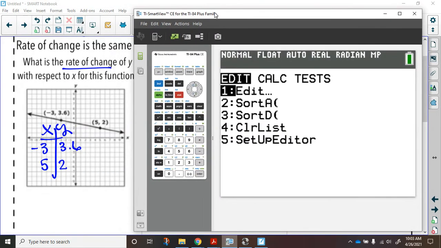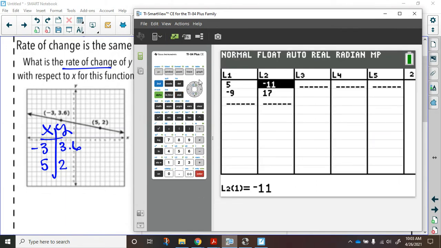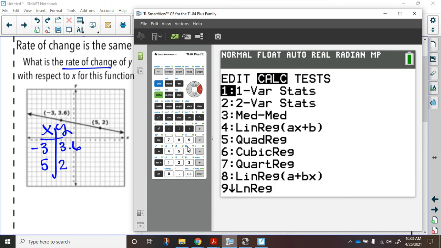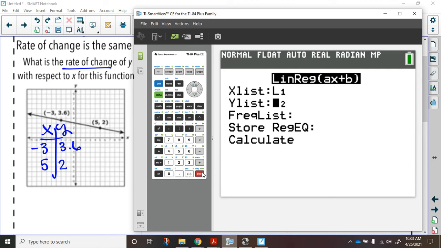So going to StatEdit, clearing out my old stuff, and we have negative 3 and 5 for our x's, 3.6 and 2 for the y's. Stat, calc, number 4, enter 5 times.